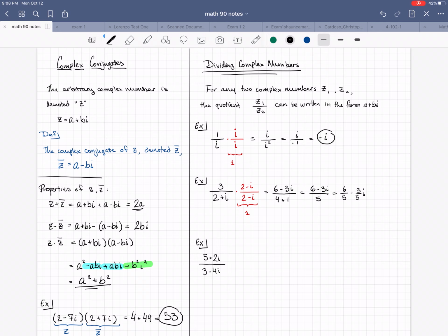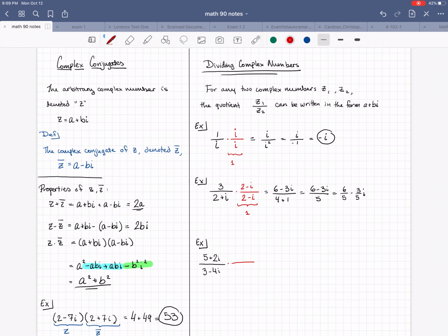Well, just like in the previous example, we can see 3 minus 4i, it's not going to do me one bit of good to multiply that through by i. But the complex conjugate is here to save the day. What is the complex conjugate of 3 minus 4i? Pause the video. You're right.